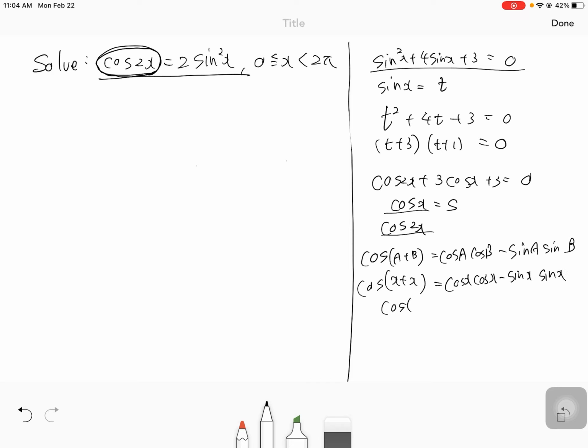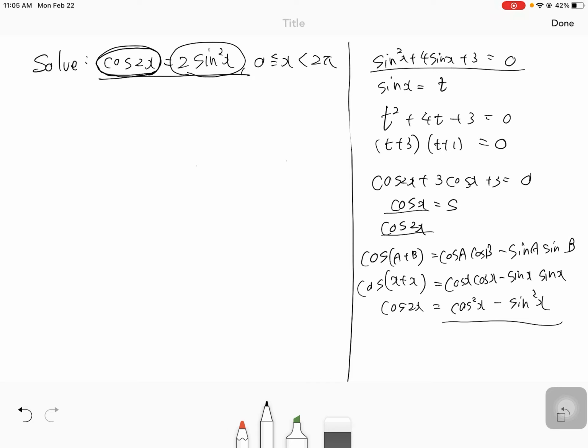Then you can just simply write cosine 2x is equal to cosine square x negative sine square x. But still, it has both cosine and sine. So let's make it have only sine or cosine.